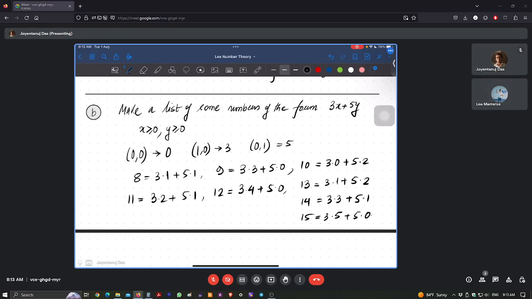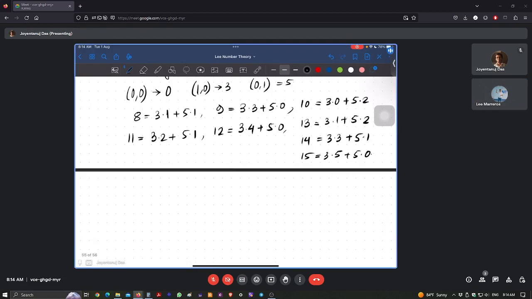So what you can see is, from 8 to 15, every number I can write as a linear combination 3x plus 5y, right?